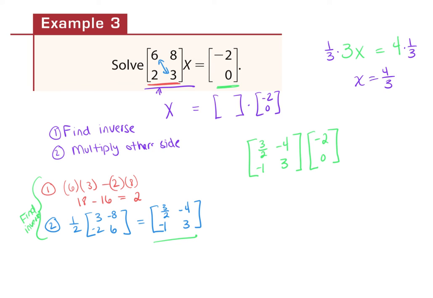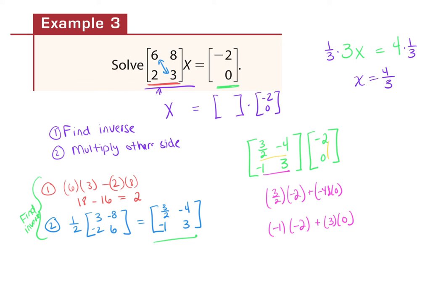So this row by this column, we have 3/2 times negative 2 plus negative 4 times 0. That's an easy one, right? I'm done because there's only one column, so I'm going on to the next row. My next row is going to be this one. Negative 1 times negative 2 plus 3 times 0.